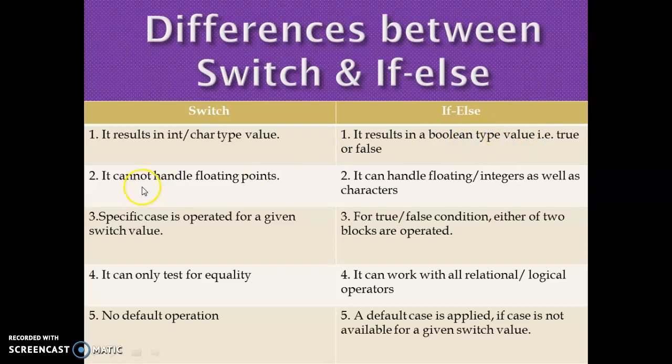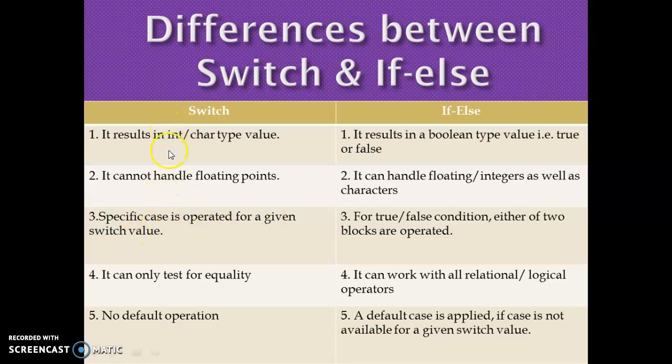Then the second point is that switch cannot handle floating points. It only handles integer type. Floating points mean float or double, it cannot handle. But if-else can handle floating numbers or integers as well as characters. Number 3 point is that in switch, a specific case is operated for a given switch value.